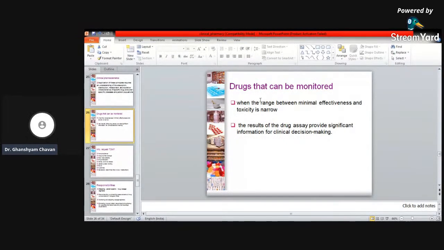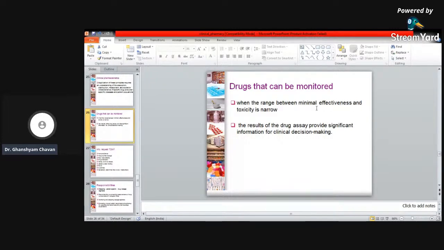So what drugs can be monitored? Those where the range between minimum effectiveness and toxicity is narrow. Means there are certain drugs which have a very small range between effective and toxic effects. Suppose the minimum effective dose is 100 mg, and that drug's toxic dose will be 120 mg, means the range is only 20 mg.